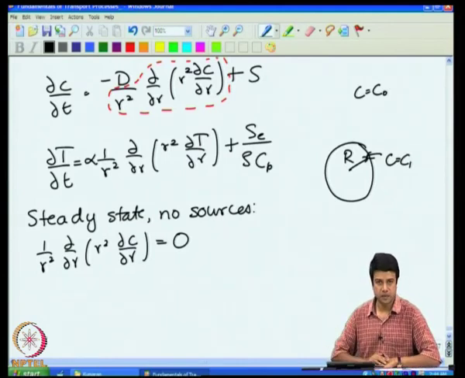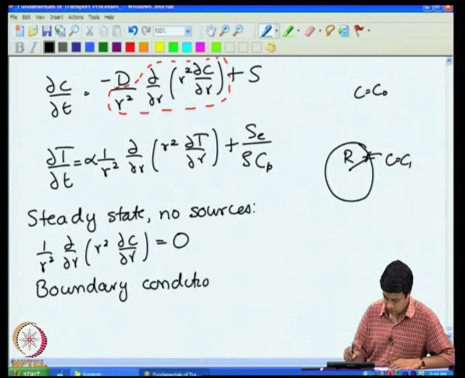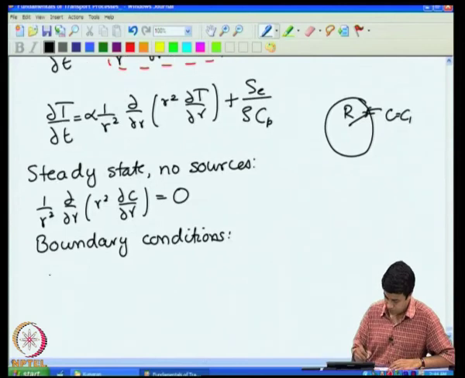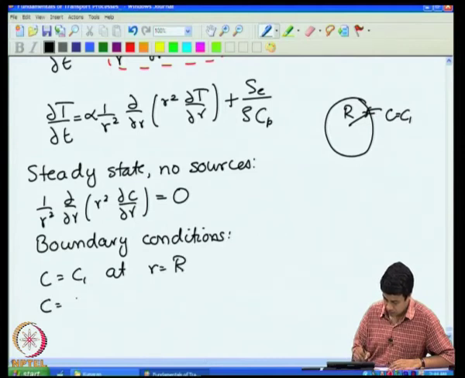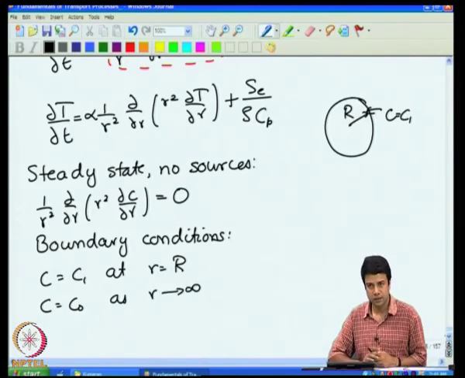As the distance becomes large, C becomes equal to C naught. Therefore, the boundary conditions are C is equal to C1 at r is equal to capital R and C is equal to C naught as r goes to infinity.